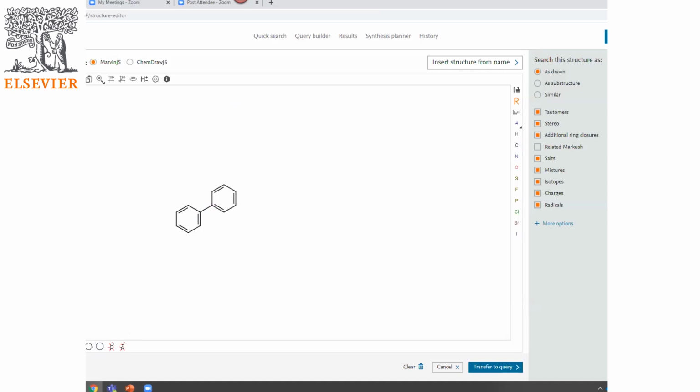What I also like there are these different bond types: single bond, double bond, triple bond, single or double bond, cis or trans, double cis-trans, aromatic, any type of bond, or even this one, position variation bond.